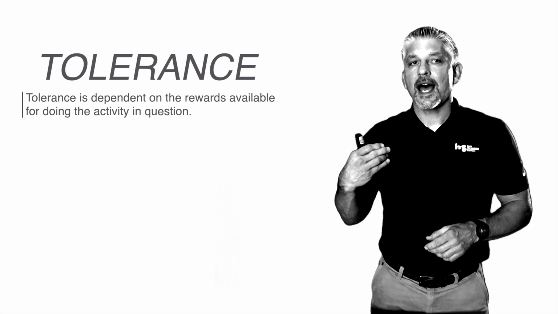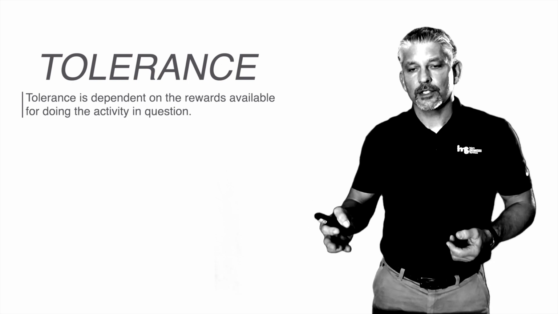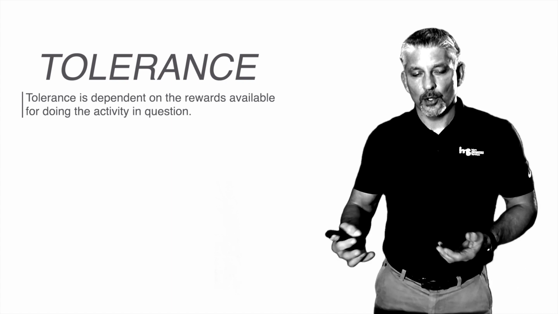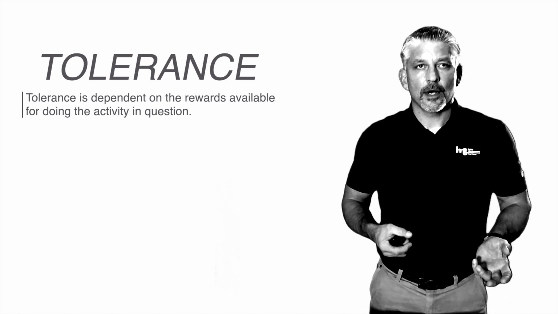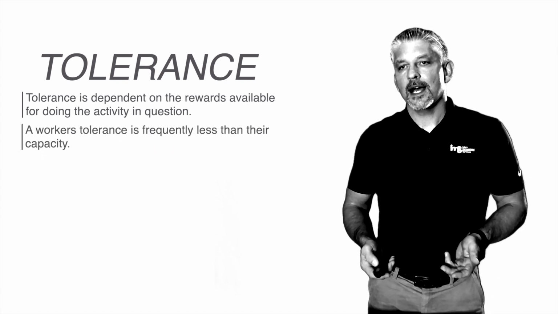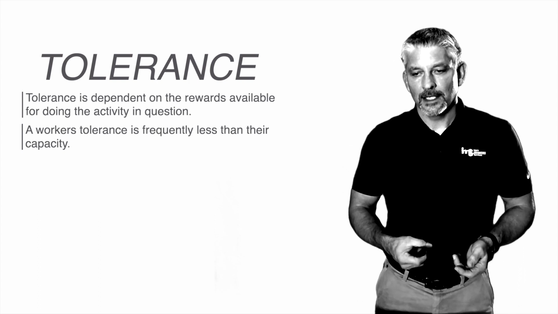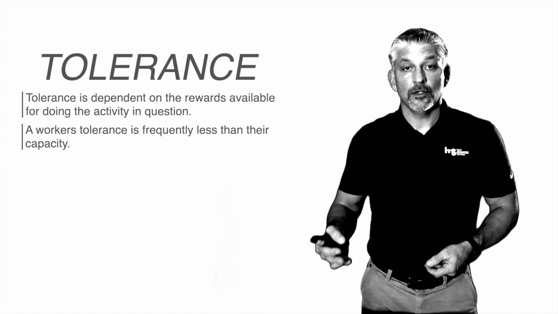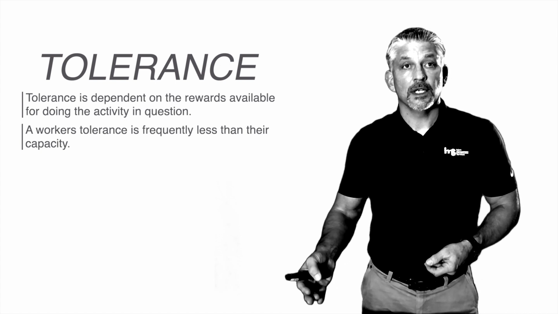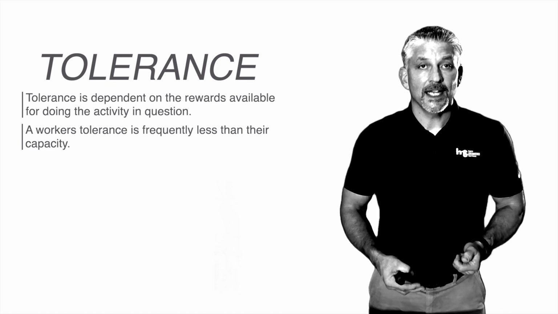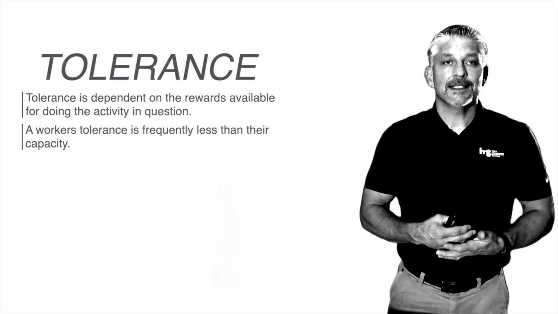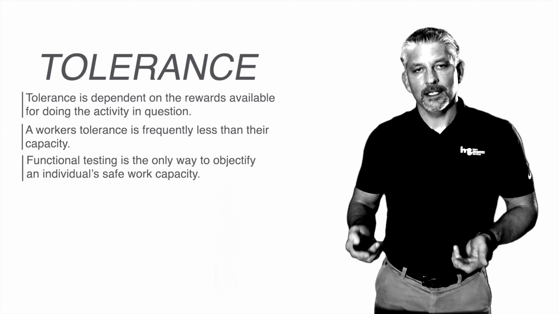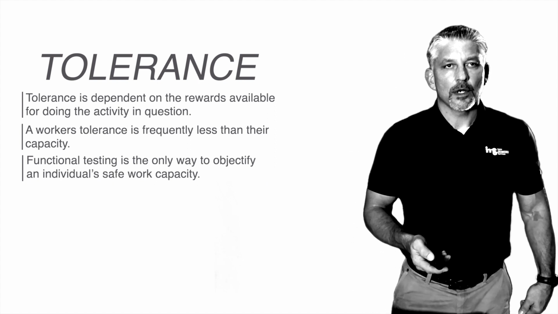If you rely on what the person is telling you, you can't make decisions based upon what the person is telling you. That's why, if someone is applying for disability, the law does not let you go on the person's description. They require functional testing. Functional testing is the only way to objectively define the individual's safe work capacity.